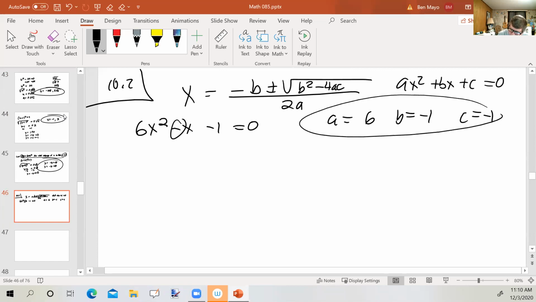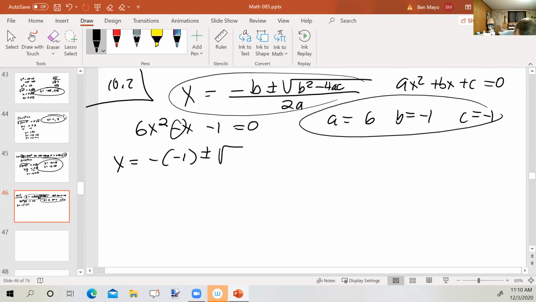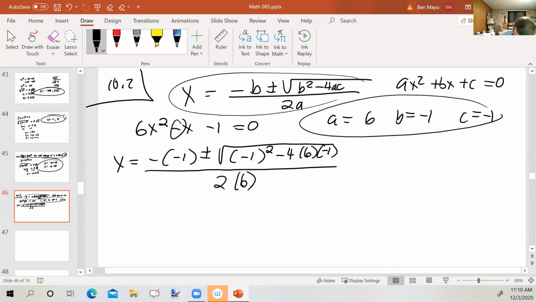So plugging these quantities into this formula, we get x equals negative b plus or minus the square root of b, the quantity squared, minus 4ac all over 2a. Simplifying, we get negative times negative, that'd be 1 plus or minus the square root of 1 plus 24 over 12, because negative times negative is positive.